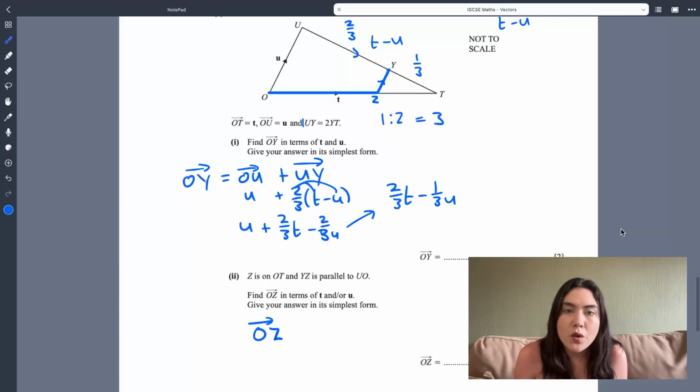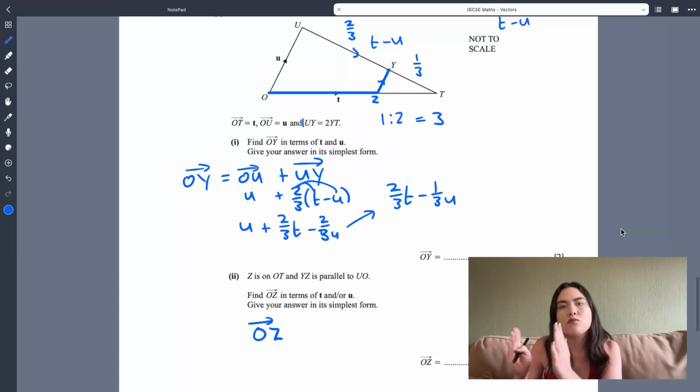Basically, we know that YZ is parallel to UO, which means they have the same ratio. Remember we spoke about parallel lines and ratios. If YZ is parallel to UO, that basically means that they are equidistant apart, because they have an equal distance wherever you go.